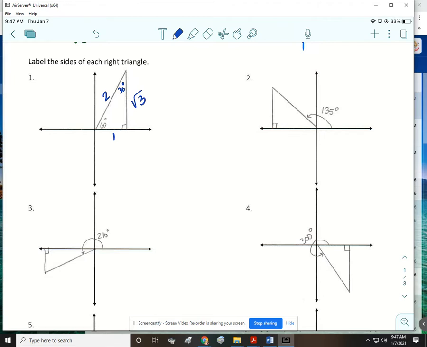All right, now the next 3 are a little more challenging because we aren't given the angle that is inside of the triangle. We're just given an angle in standard form, so we have to find it. The angle inside the triangle is called the reference angle.